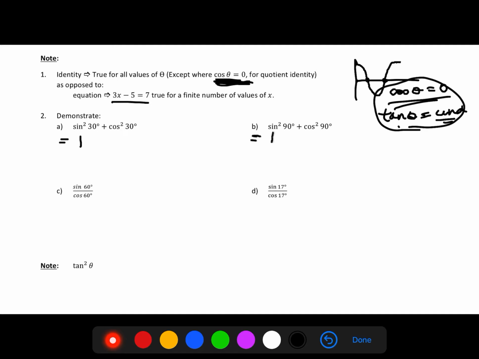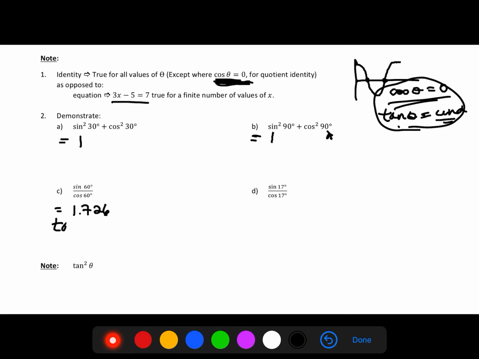If you put in a 90-degree angle, sine 90 squared plus cos 90 squared equals 1. And notice your calculator has to be in degrees for this one. We're working with angles in degrees here, so your calculator must be in degrees to get the right answer. Those ones work even for 90 in this case because there is no denominator.